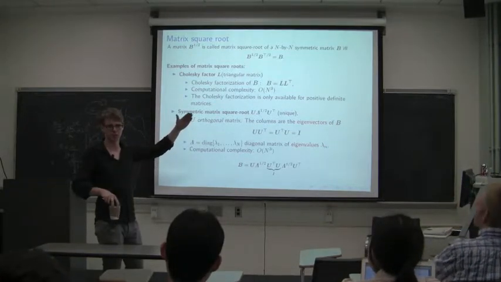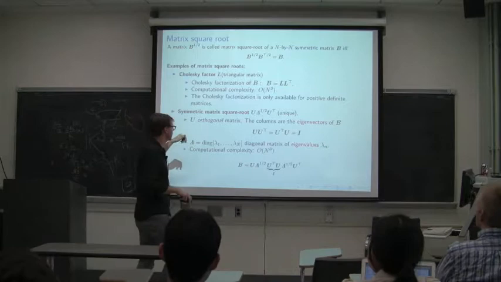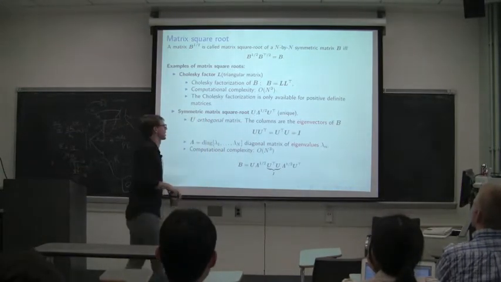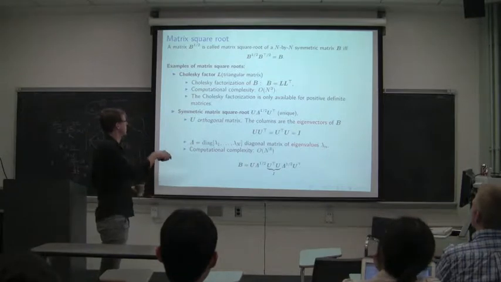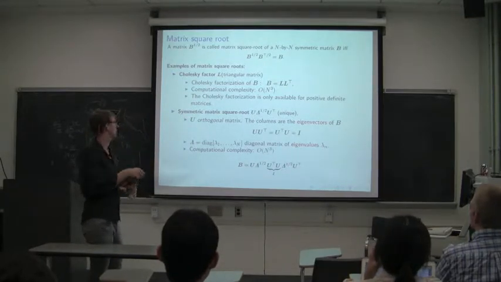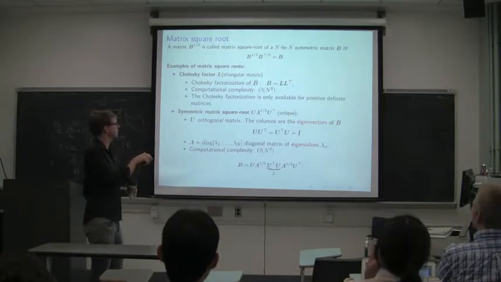So it's just a scaled version of the eigenvector that we get back. And U holds all the eigenvectors. The eigenvectors are usually given in a form that is orthogonal, so U transpose U is equal to the identity.